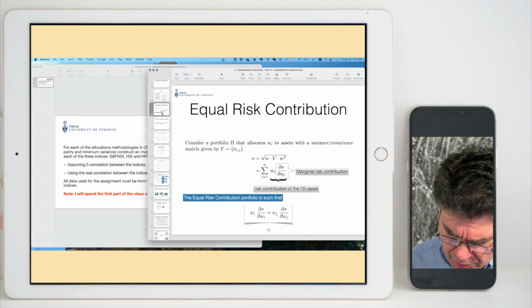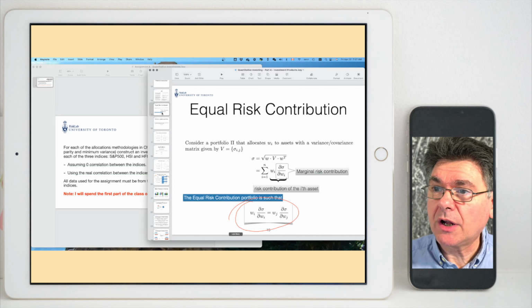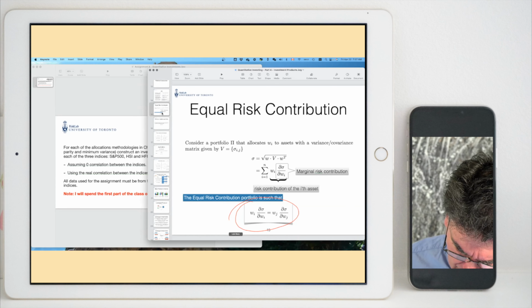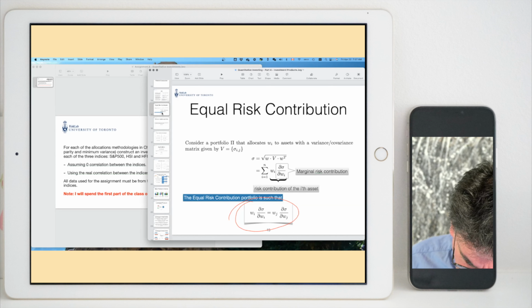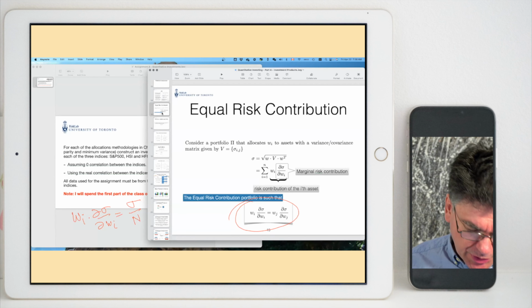They can be written, I'll rewrite them today as this: Wi times this equal to sigma divided by n. These are the equations that we have to solve.